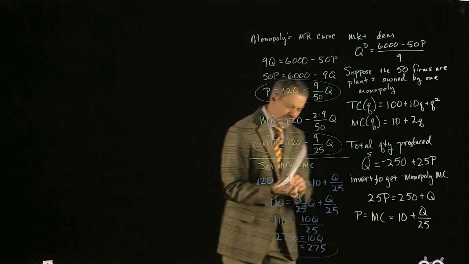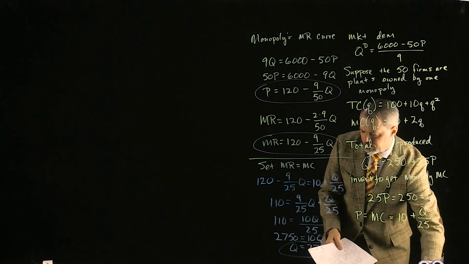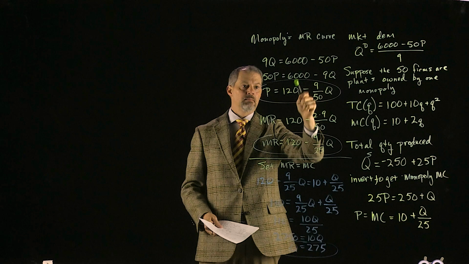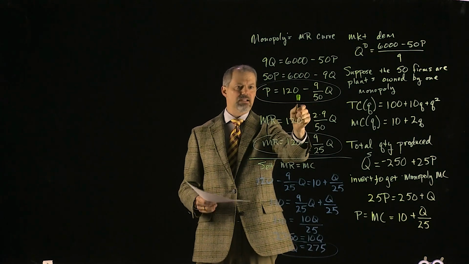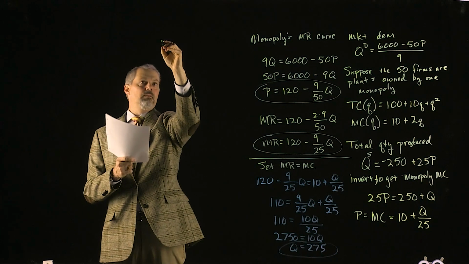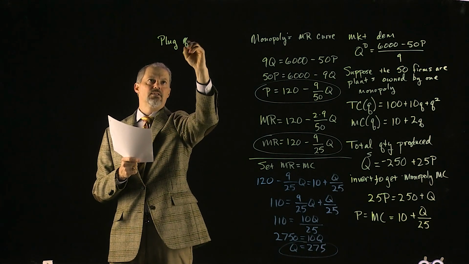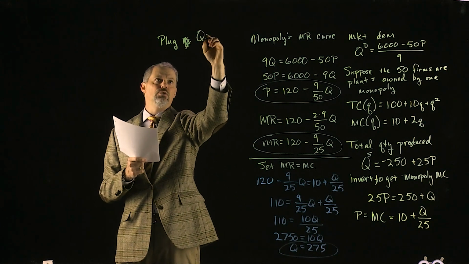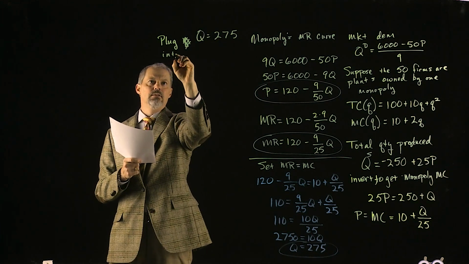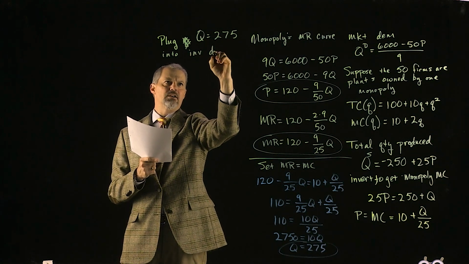So I'm going to plug that in. So that's my quantity. Now I need to plug that in. Probably the best place would be to plug it in right here. So let's say plug Q equal to 275 into the inverse market demand curve.